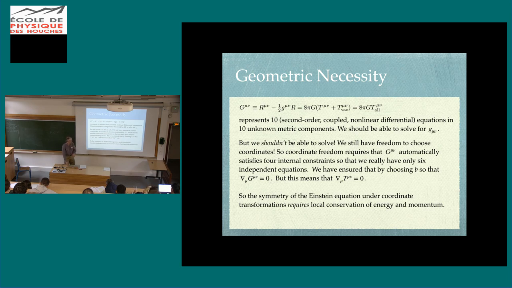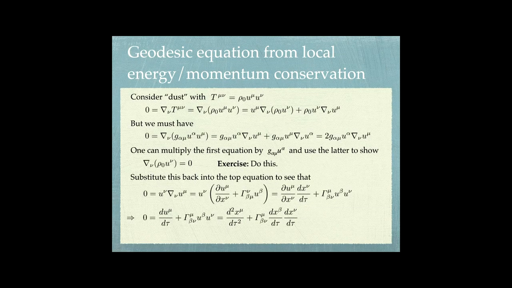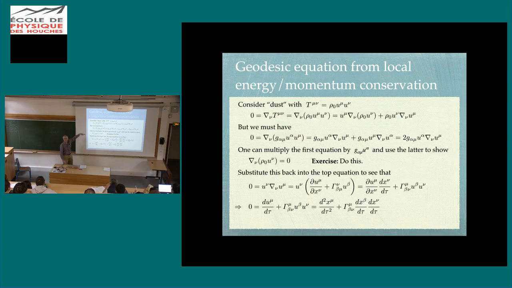And so that raises a really interesting question, and I think I'm going to skip ahead to that. Oh, I just want to say, if you look in the handout, in the printed version of my talk, you'll see that the local energy conservation equation implies the geodesic equation, that matter will follow the geodesic equation. Okay, so you don't even need the geodesic equation as a basic hypothesis of the theory.